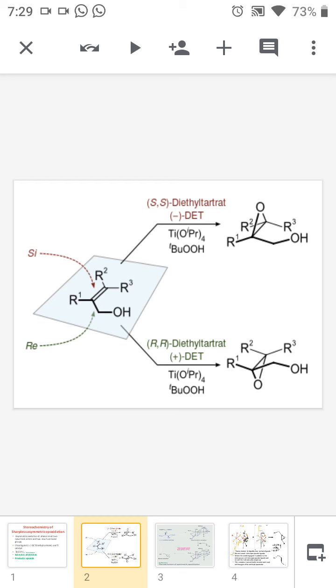If it is minus DET, the epoxide is formed in the upward direction, that is epoxide oxygen in the upward direction. If it is a plus DET, then oxygen is in the downward direction. This is the actual Sharpless asymmetric epoxidation. So the name indicates that the final product is epoxide and the starting material is an allyl alcohol.